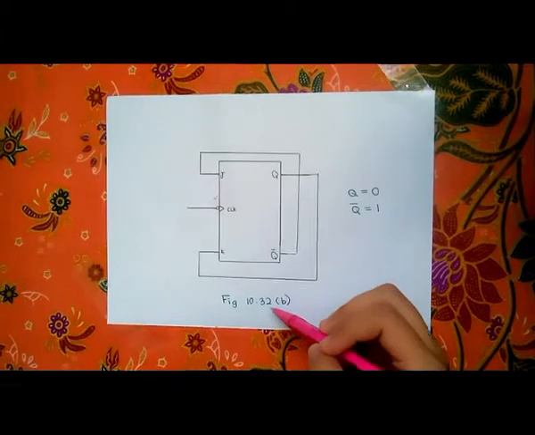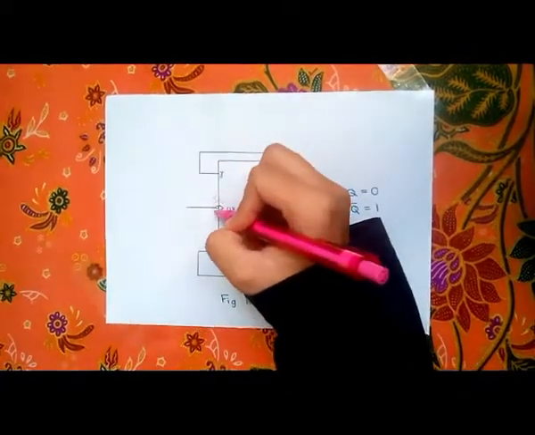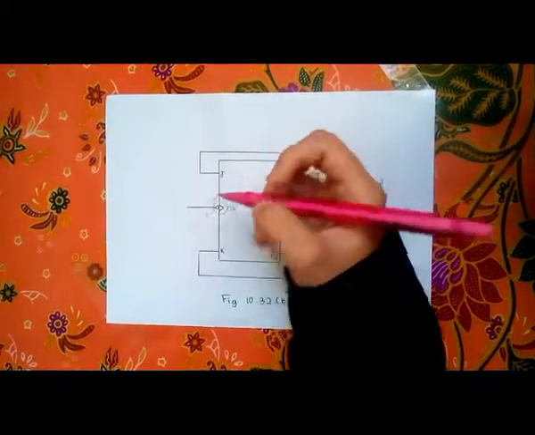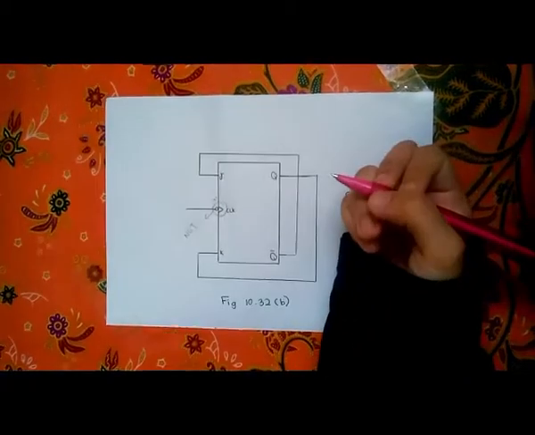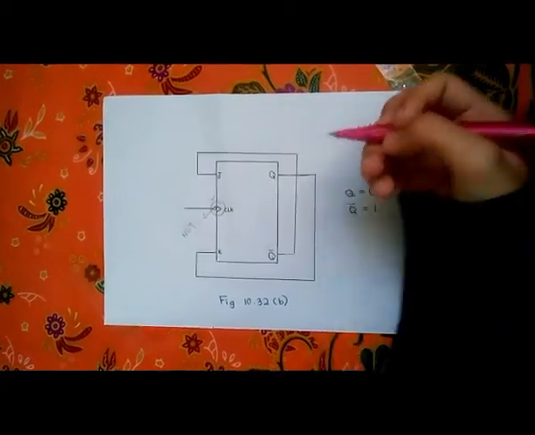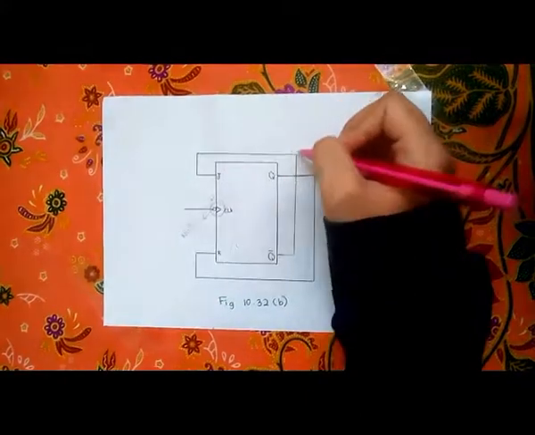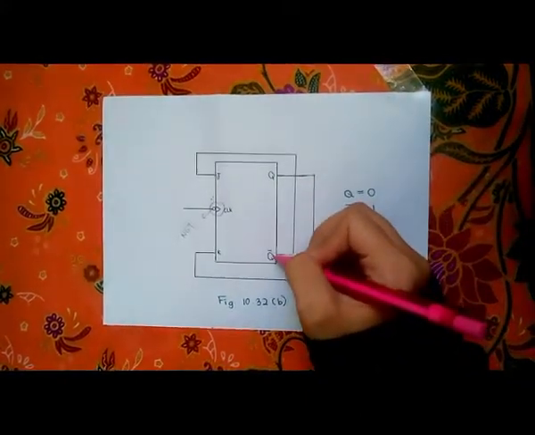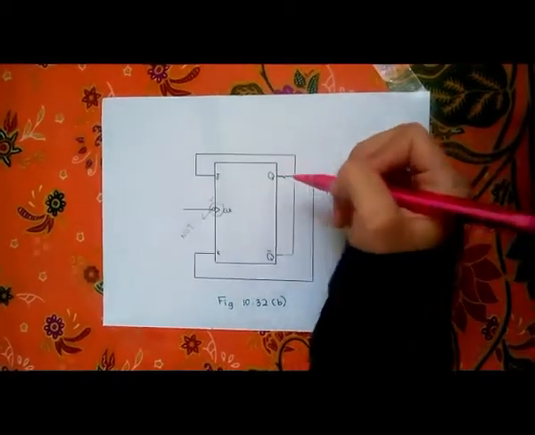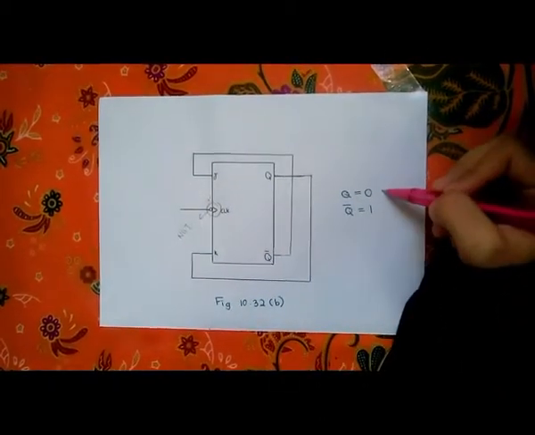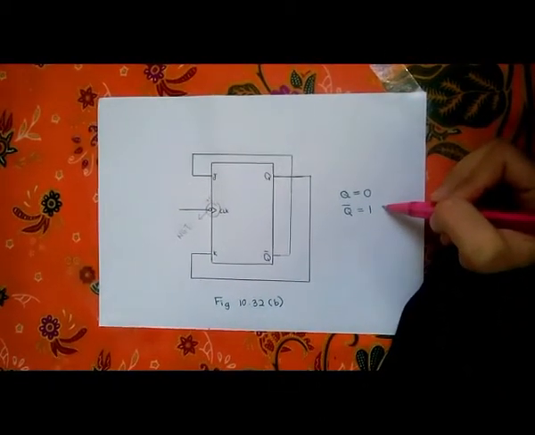In figure 10.32b, the clock has a bubble, so it represents NGT, which is negative edge trigger. Since the J input is connected to Q bar and the K input is connected to Q, the outputs will be 0 and 1 respectively.